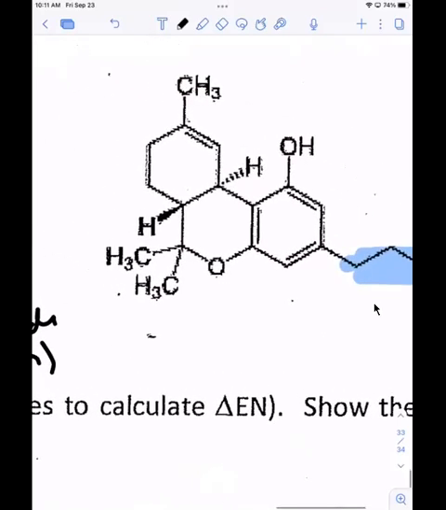And here. Look at the structure. An oxygen, you got a carbon on the left and a carbon on the right. Ether. It's an ether. Good.